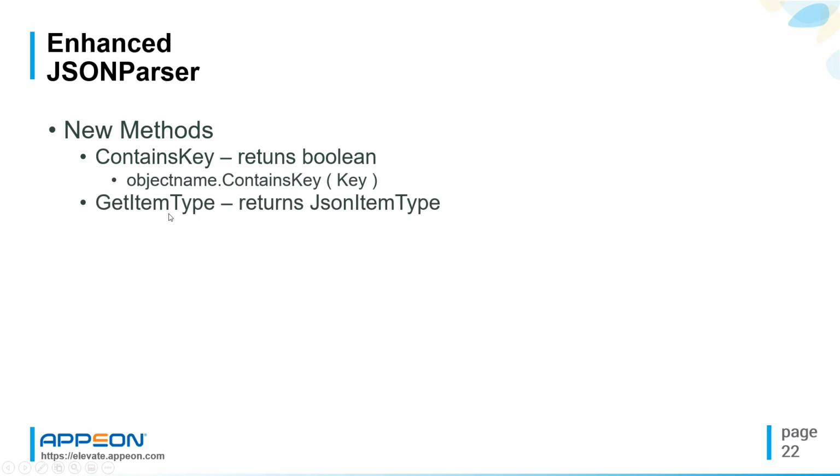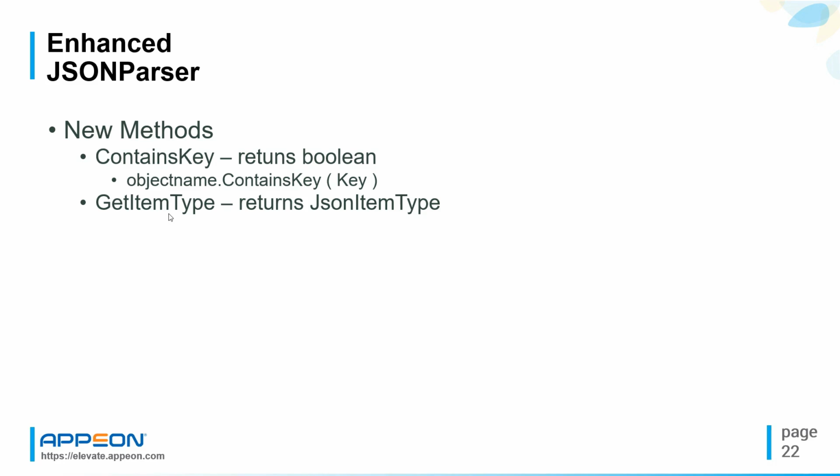And then there's also get item type. That allows you to a little bit more dynamically parse JSON. With the original JSON parser, you had to know what type the data was when you went to grab it. With the get item type, you can ask first, what type is this data?